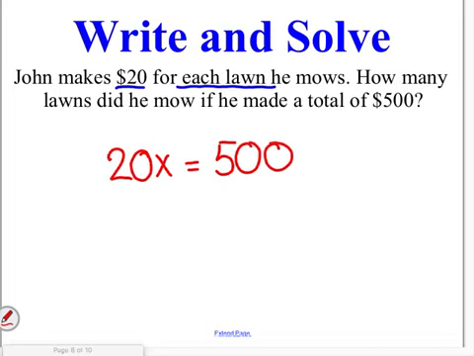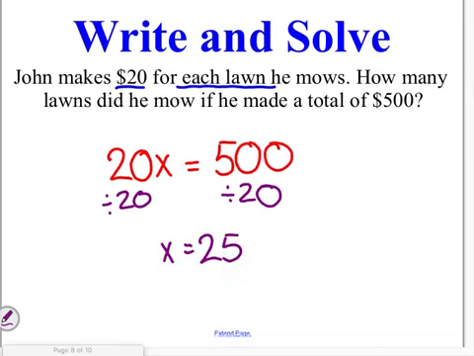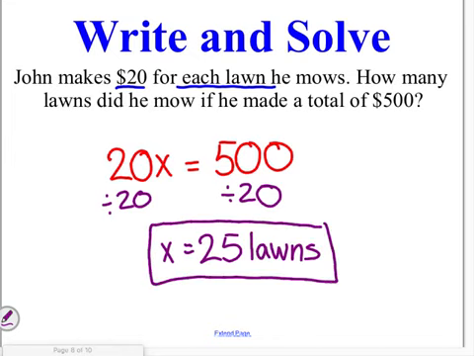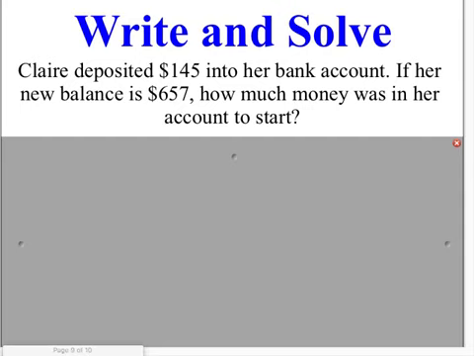In order to solve this, we need to figure out how much something times 20 is going to give us 500. We can figure that out by dividing each of those by 20, and I end up with 25 lawns. Again, remember, since it is a word problem, you need to have a label on your answer. Go ahead and try this one on your own.